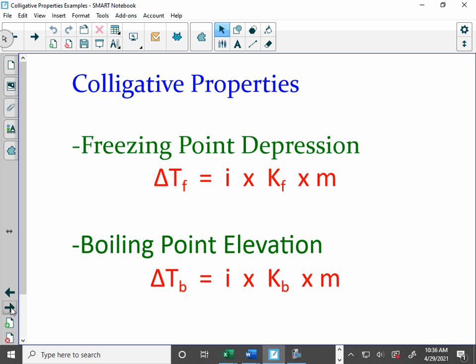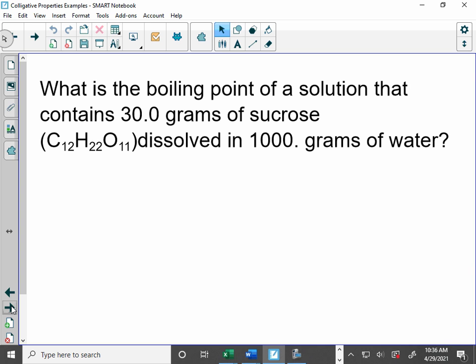So if you don't have those copied down in your notes, you need to get these two equations in your notes. These are the equations for the boiling point elevation and the freezing point depression. Now just to start things off, we're going to work two problems. So here is the first one. Go ahead and copy that one down in your notes, and then we will work it.